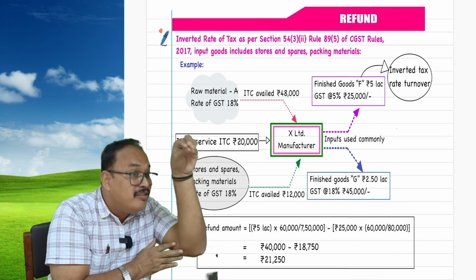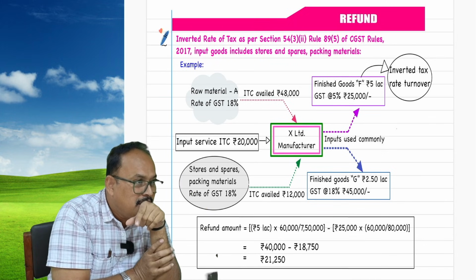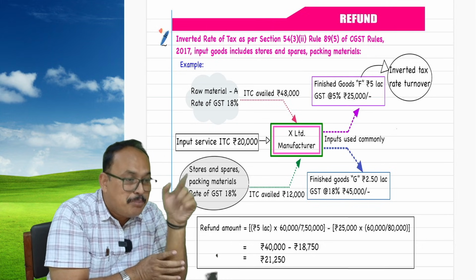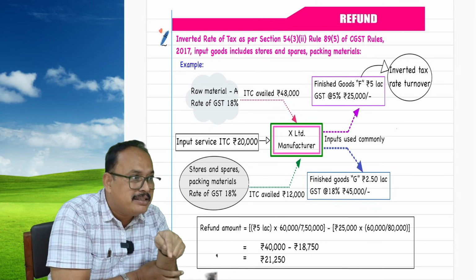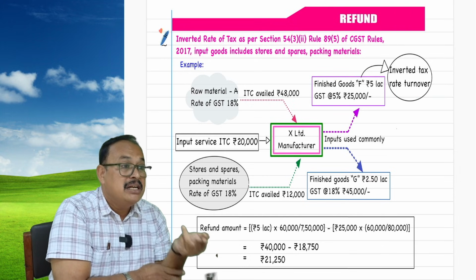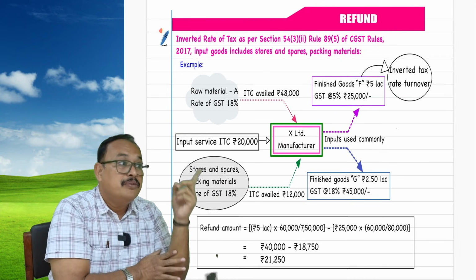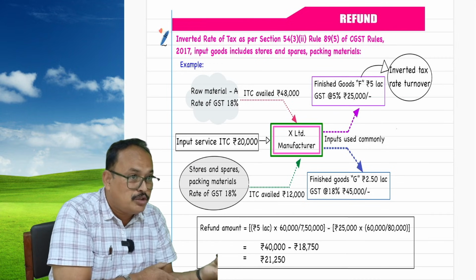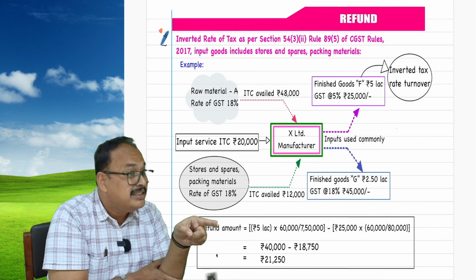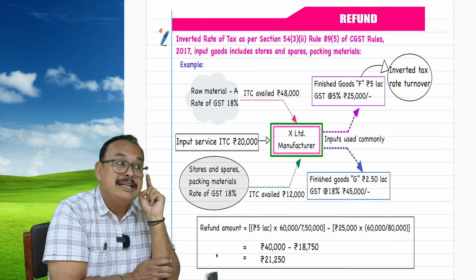Tax on inverted turnover, how much? 5 lakhs into 5%, 25,000. That multiplied by net credit, how much? 60,000 divided by credit on input goods and input services, which is 48,000 plus 12,000, 60,000, plus input service credit 20,000, totally 80,000.